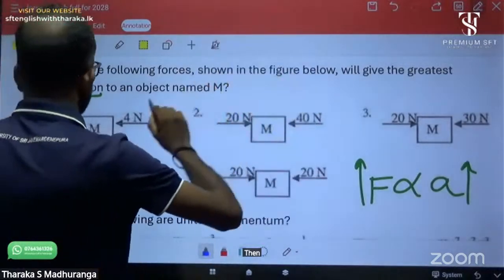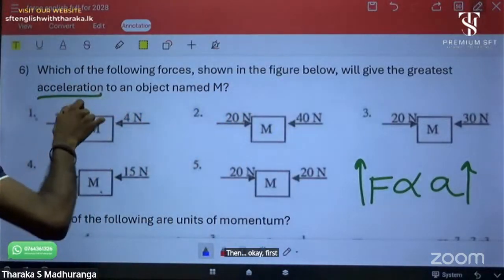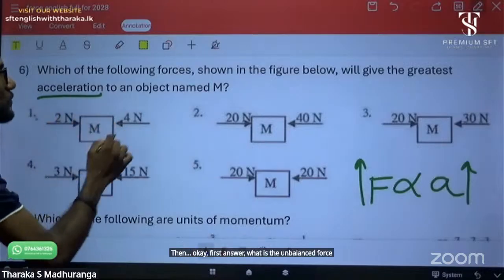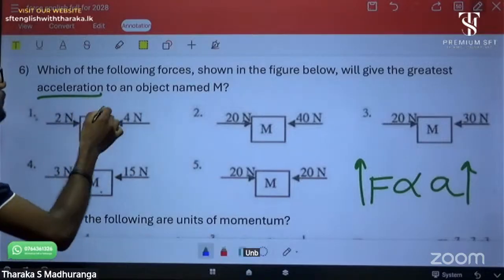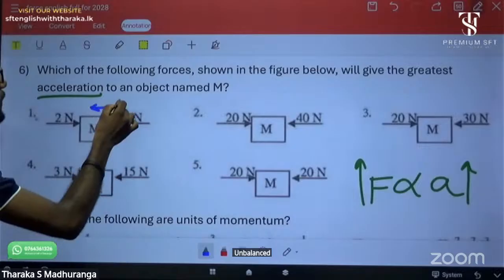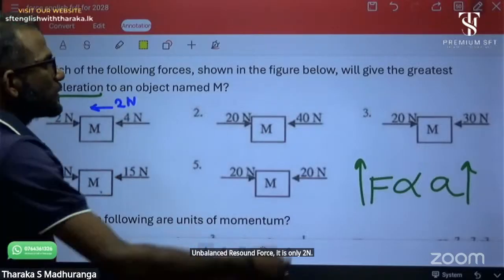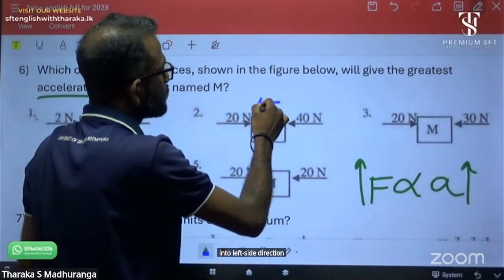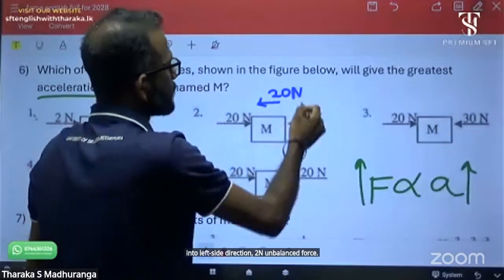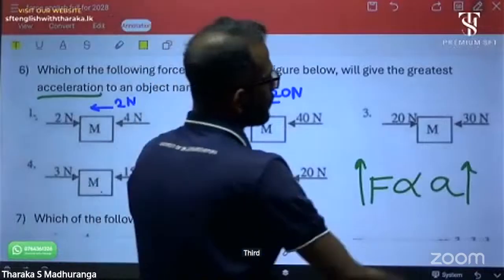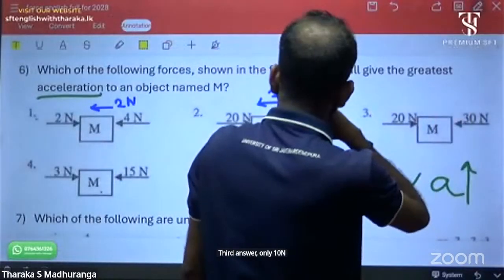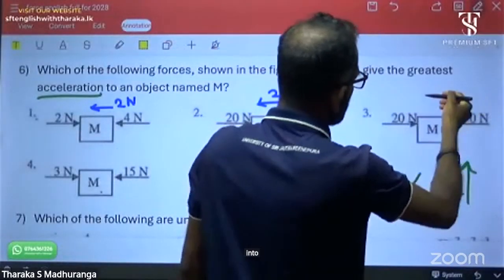Then, okay, first answer. What is the unbalanced force? It is only 2 Newton into left side direction. Second answer, it is 20 Newton unbalanced force into left side direction. Third answer, only 10 Newton unbalanced force into left side direction.